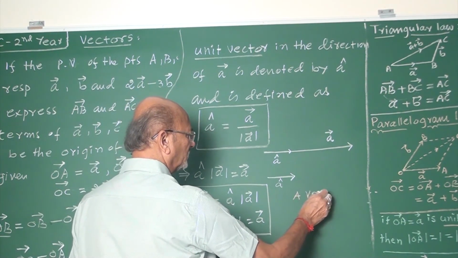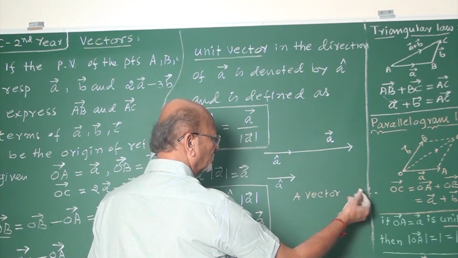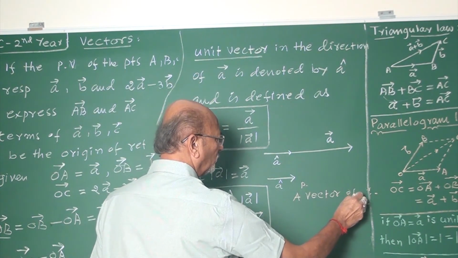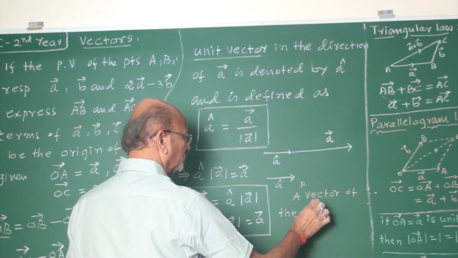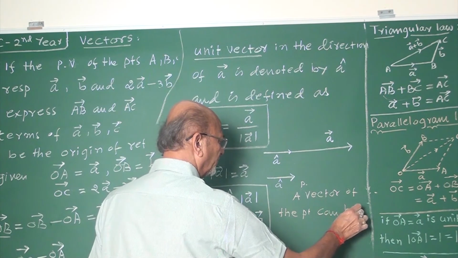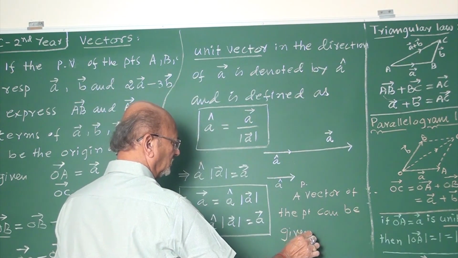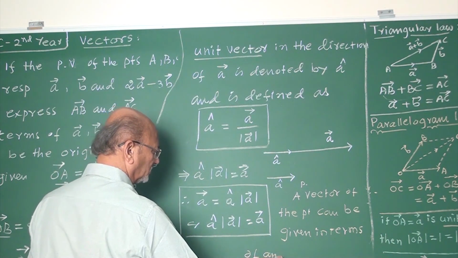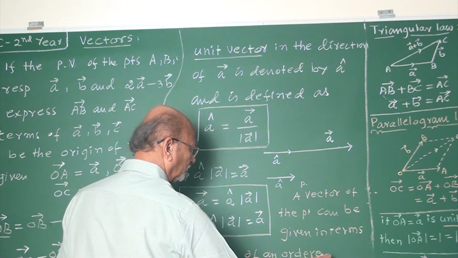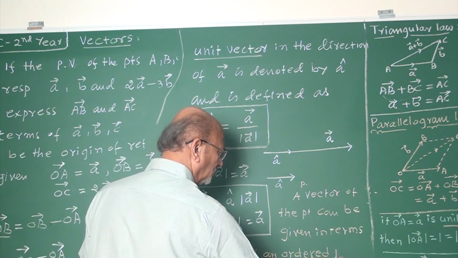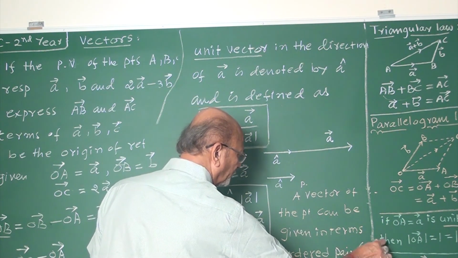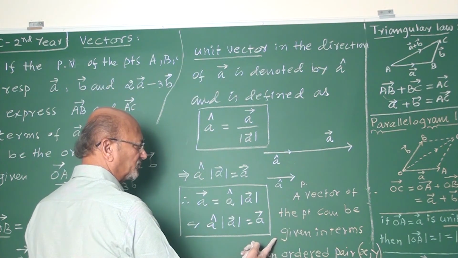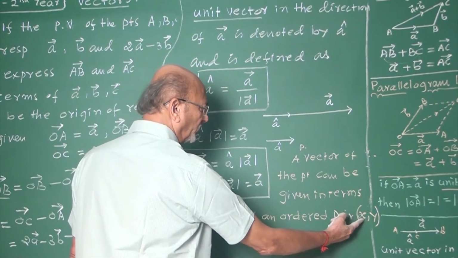Position vector of the point can be expressed or defined in terms of an ordered pair xy.